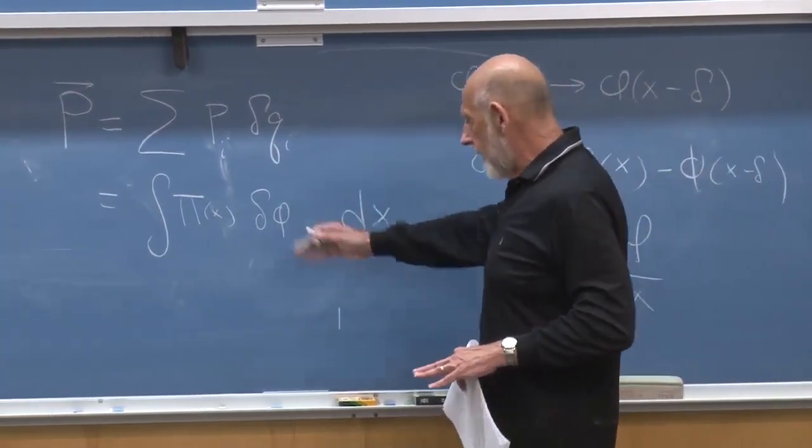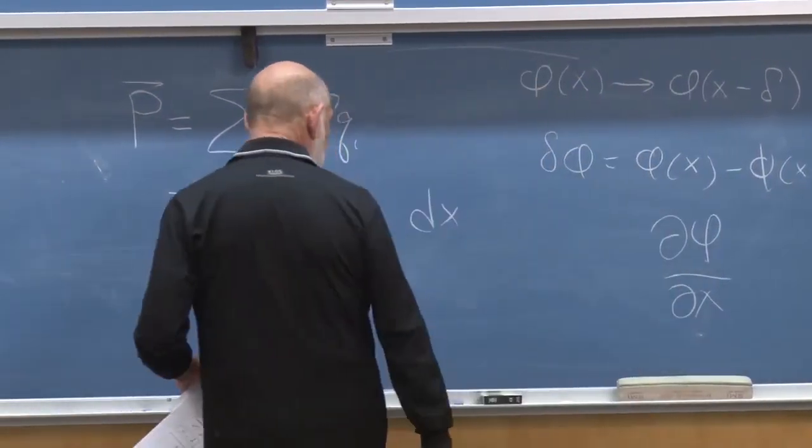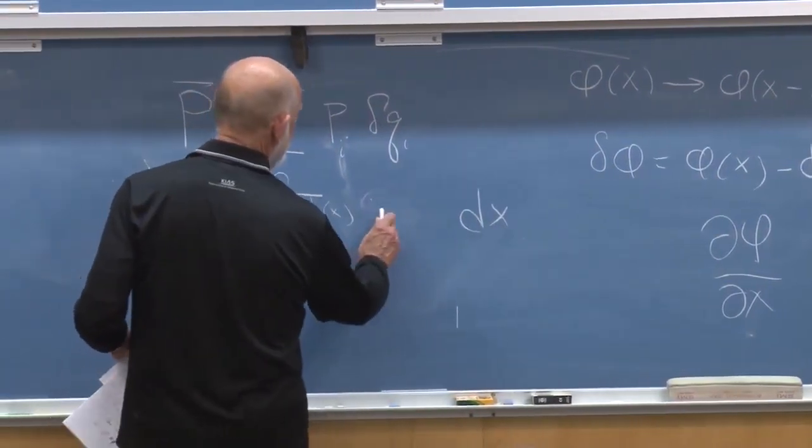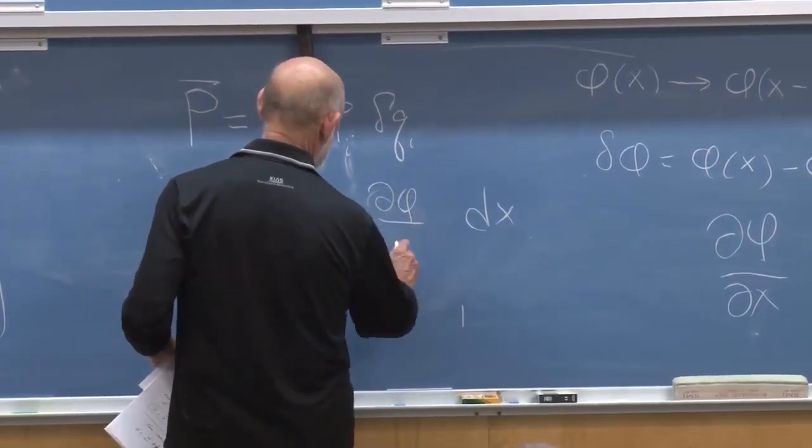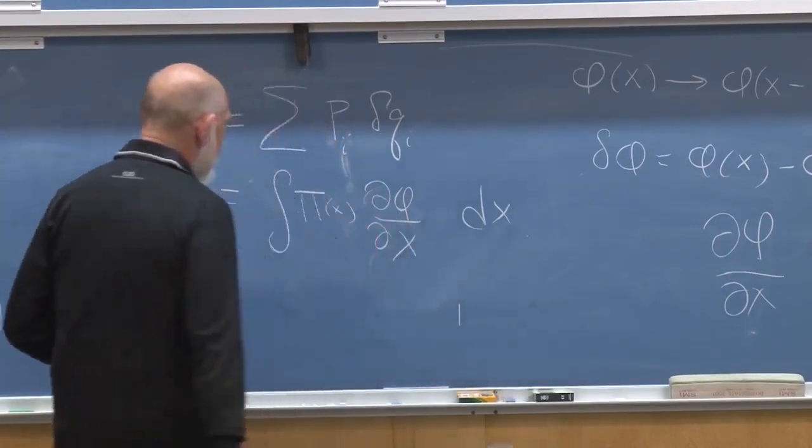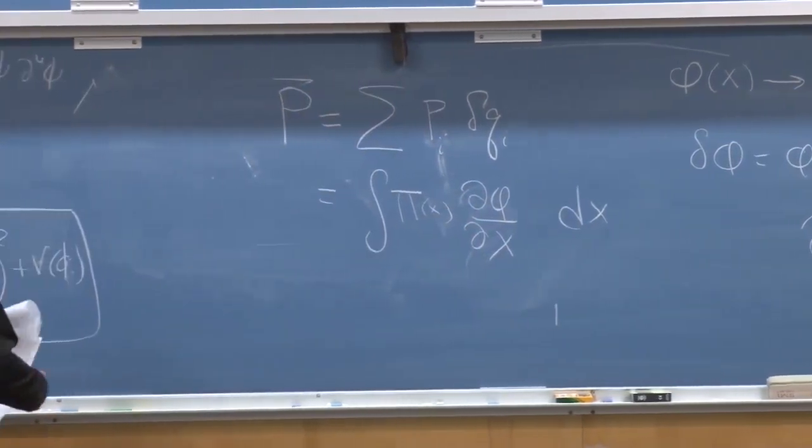So this delta phi just becomes the derivative of phi with respect to x. Nice simple formula.